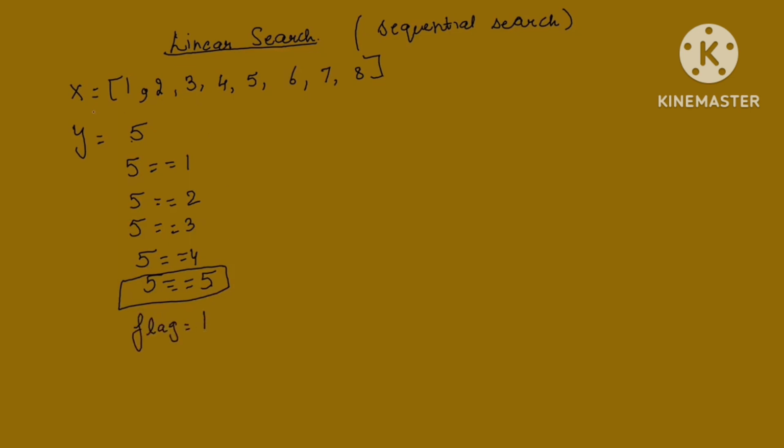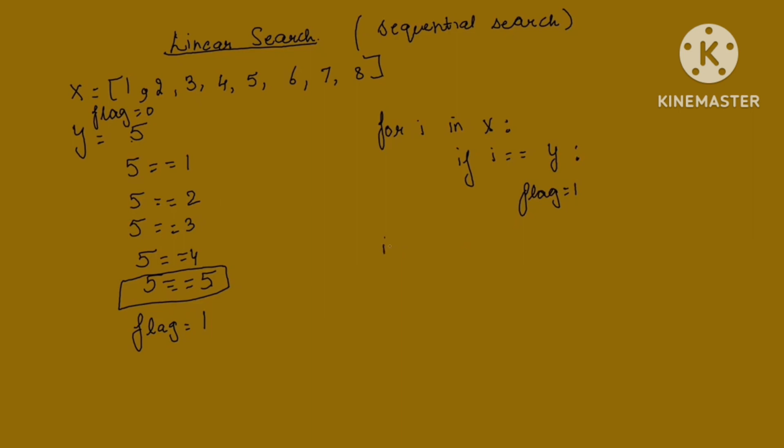So here we will take one more variable, flag. Initially we will take the flag value as 0, and after the element is found we will make it as 1. So what will be the logic, how can we write it using a for loop? For I in X, X is a list here. So directly we are writing the sequence. First I will take 1. If I equal to 5, false, it will not show anything.